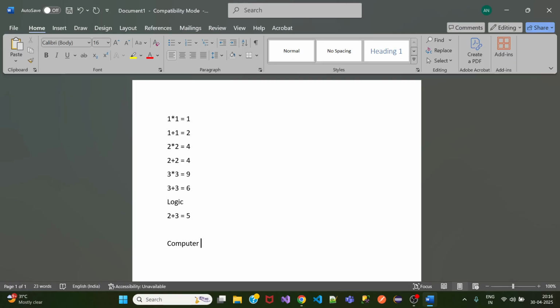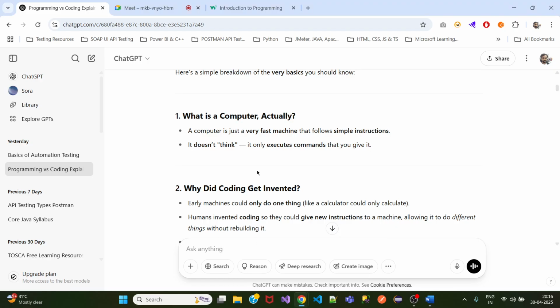What we put inside the computer, that only the computer gives to us. Perfect. Yes, computers are dumb. Whatever instructions we give, they follow, and they give us the output. Great, we are clear on that too.